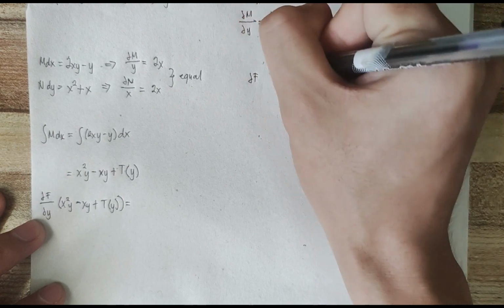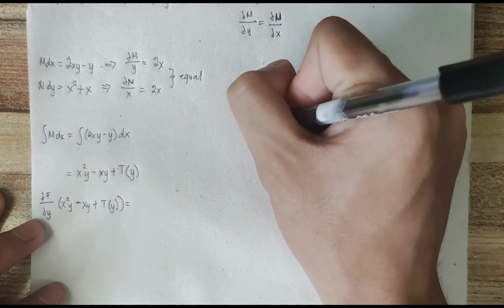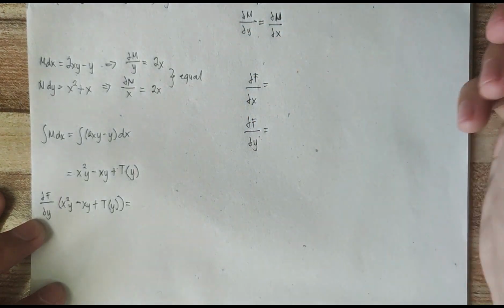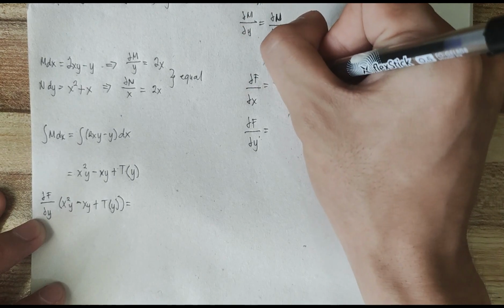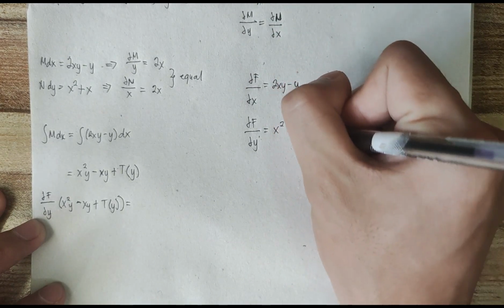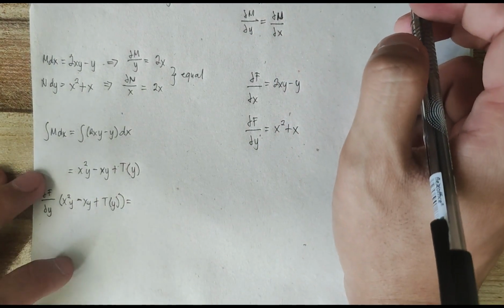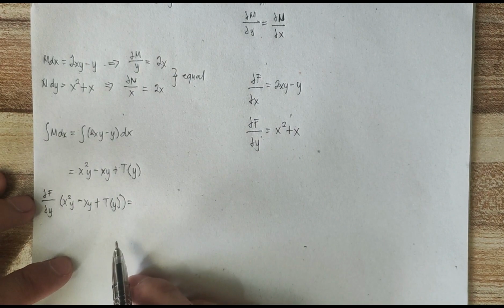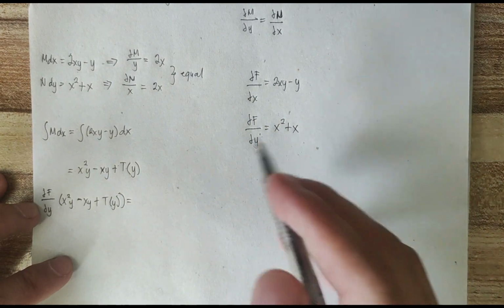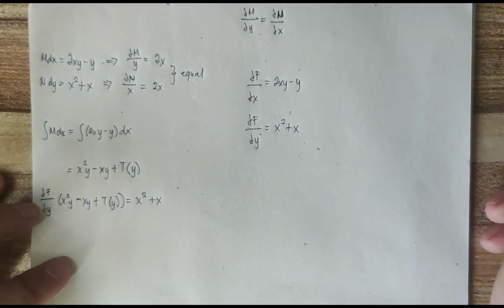The partial derivative of our function with respect to x and with respect to y should be equal to 2xy minus y, and x squared plus x. So the partial derivative of our function in terms of y is equal to x squared plus x.